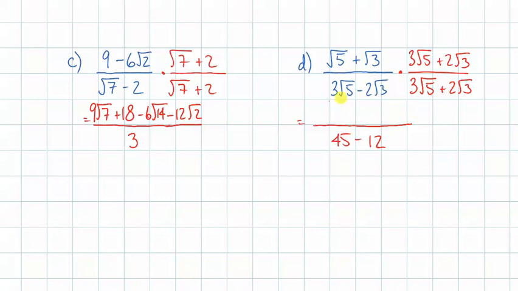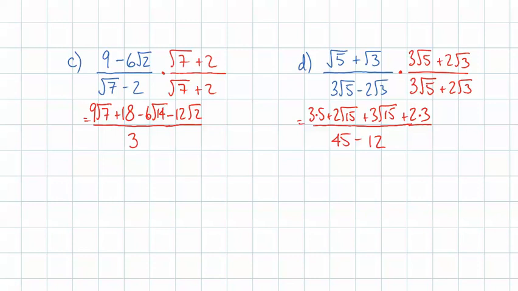Numerator FOIL is 3 times 5 plus 2 root 15. That's my first and my outer. My inner, 3 root 15. My last, 2 times 3.